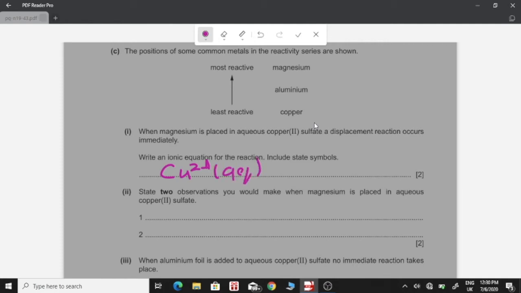Right, now this is going to be replaced by magnesium. Initially, magnesium is going to be in solid form, and as a result, magnesium is going to displace copper over here and form magnesium sulfate. So magnesium is going to become the ion over here in aqueous form, and we'll be having copper as metal in solid form. Alright.